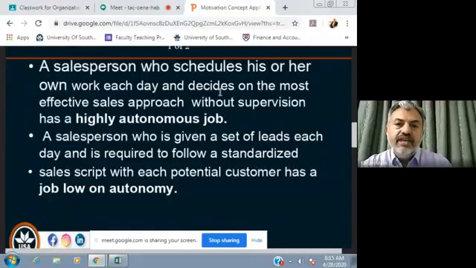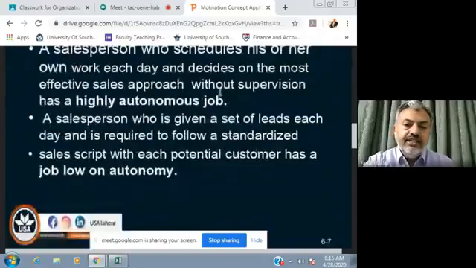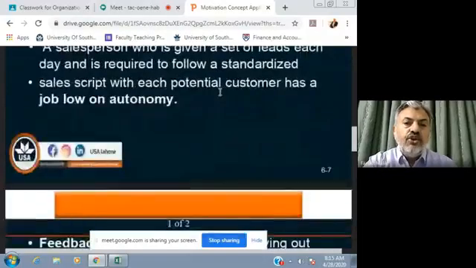He has only one product and some accessories that you sell with the solar panels, and this is a monotonous job. He calls every customer and tries to sell them the solar panel and accessories. That's why this job is low on autonomy.